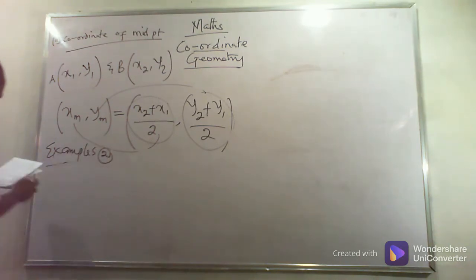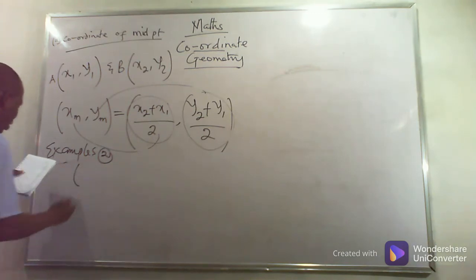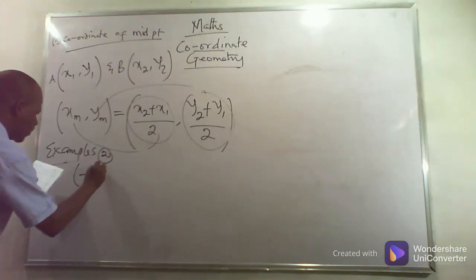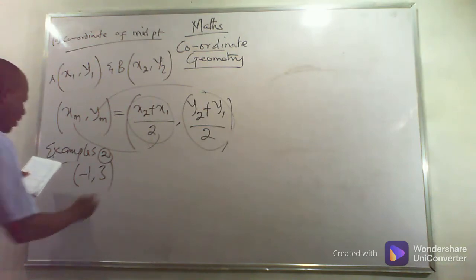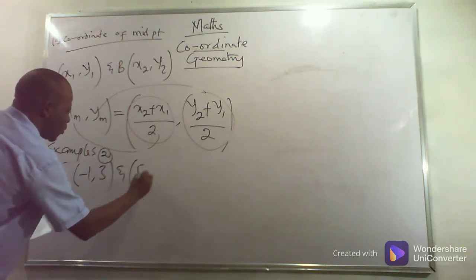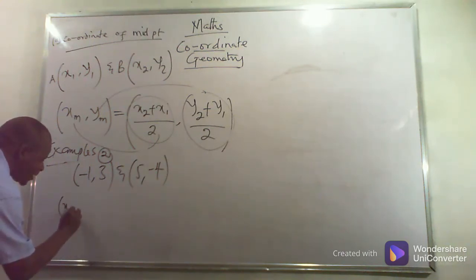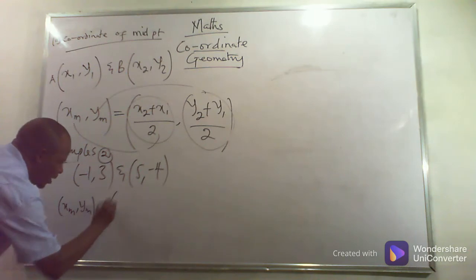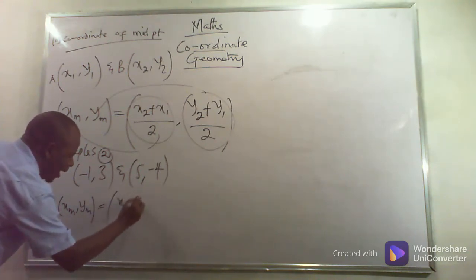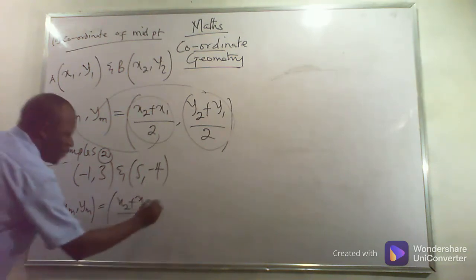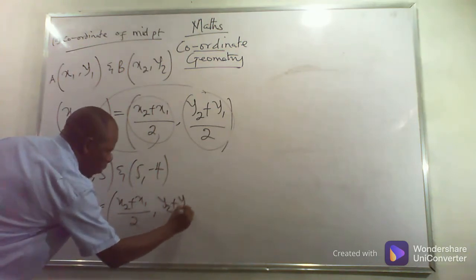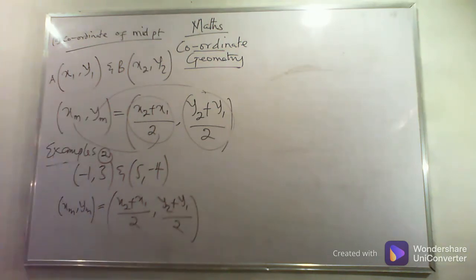Example number 2. The question says, find the coordinate of midpoint between these points: minus 1, 3 and 5, minus 4. That's the question we are given. So what do we have? Coordinate of midpoint xm, ym is given as x2 plus x1 over 2, y2 plus y1 over 2, bracket close.